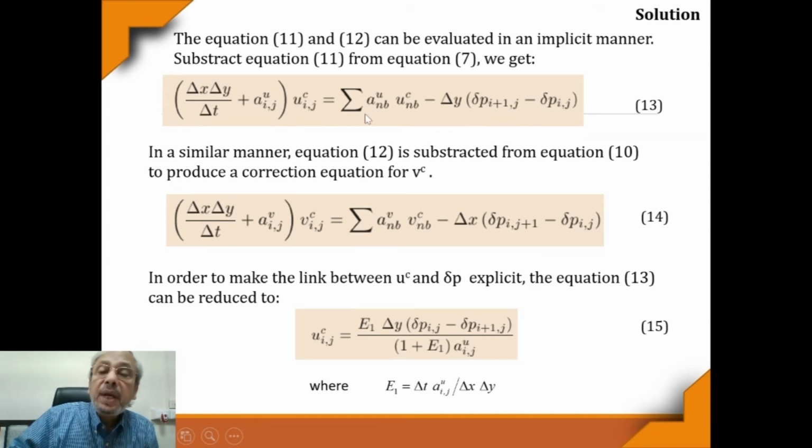So we have to break this implicitness through some approximation. And what we are doing, we are saying that these correction terms at the neighboring cells, the V velocity corrections also at the neighboring points, may be ignored.